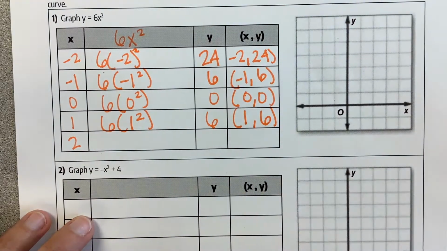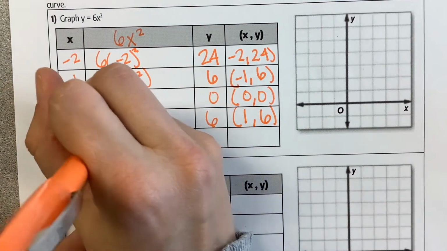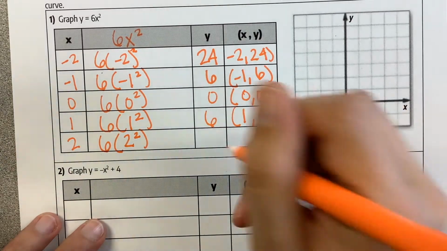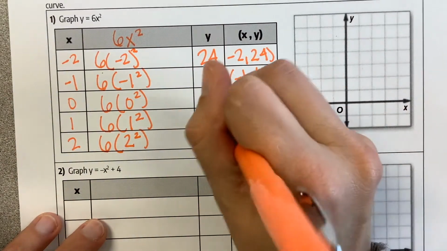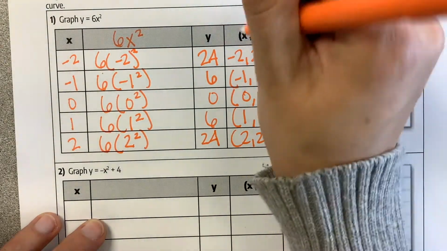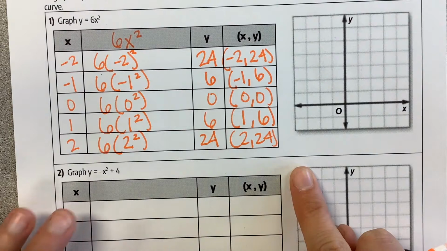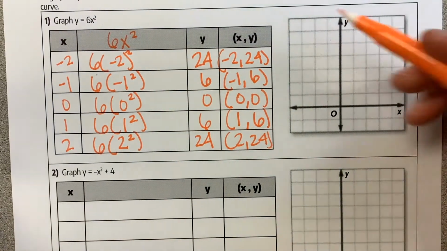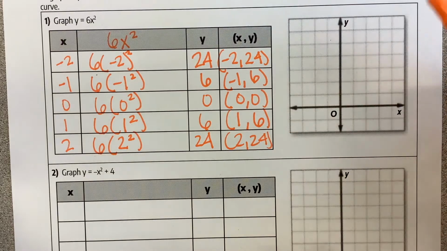And the last one we're plugging in is 2. 6 times 2 squared. 2 squared is 4. 4 times 6 is 24. So we get 2, 24. And you should see kind of a pattern here, right? It's kind of symmetrical. So I know I'm not going to fit the ones with 24, but I should be able to fit the others.